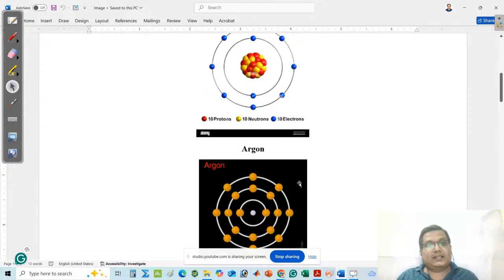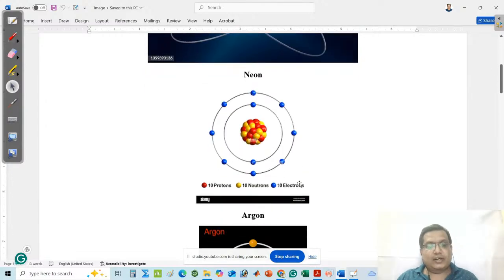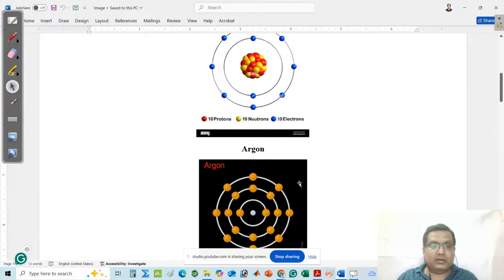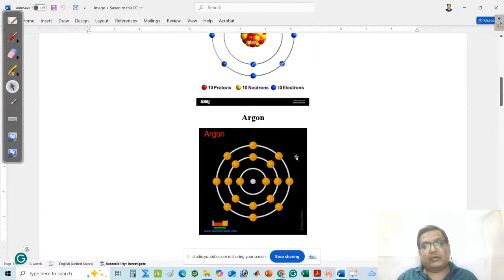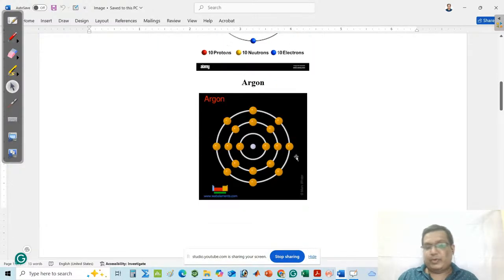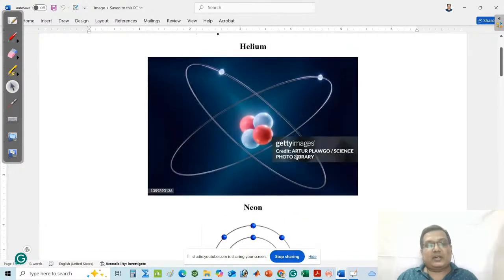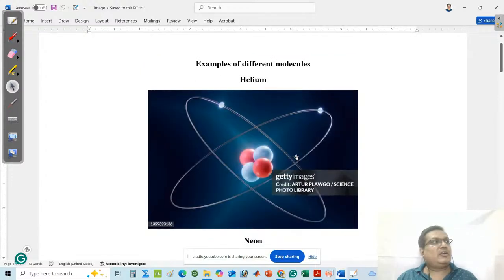These elements obey the octet rule and the duplet rule. Here, neon obeys the octet rule, argon also obeys the octet rule. But helium obeys the duplet rule. So these elements are said to be stable because they have a stable electronic configuration.